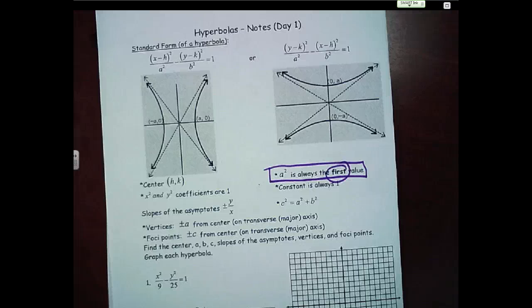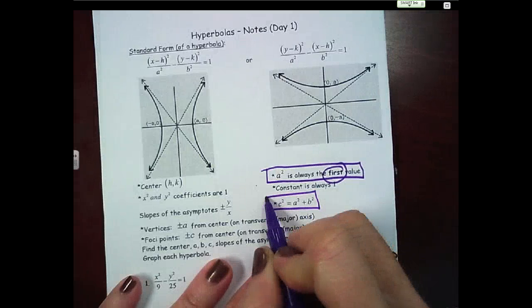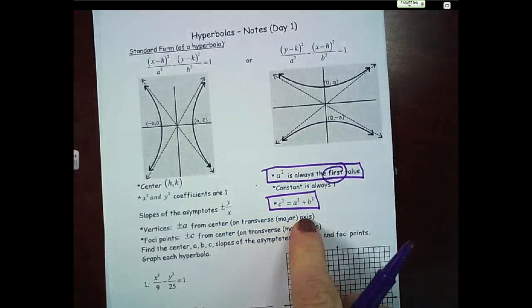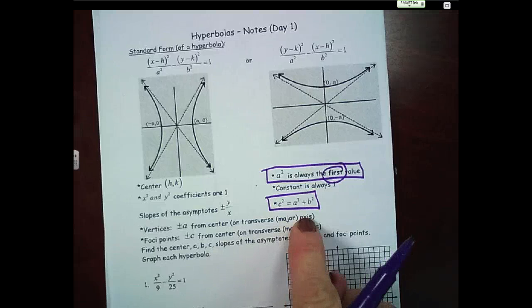Now, the next thing that was important is that, remember before, what did we do with a squared and b squared in order to find c? Do we add them or subtract them? Yeah, you subtract. So that's another part that's changed. If you want to find c, you add a and b. So before we subtracted, now we're adding. So those are the two main parts that are different.